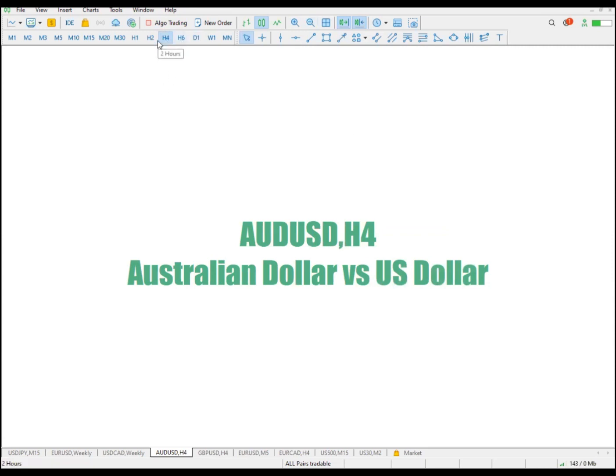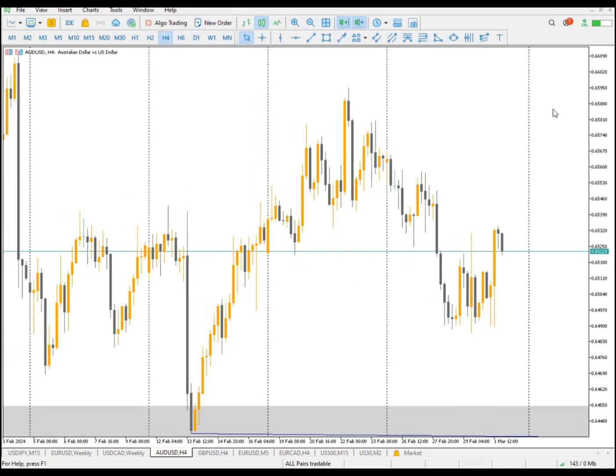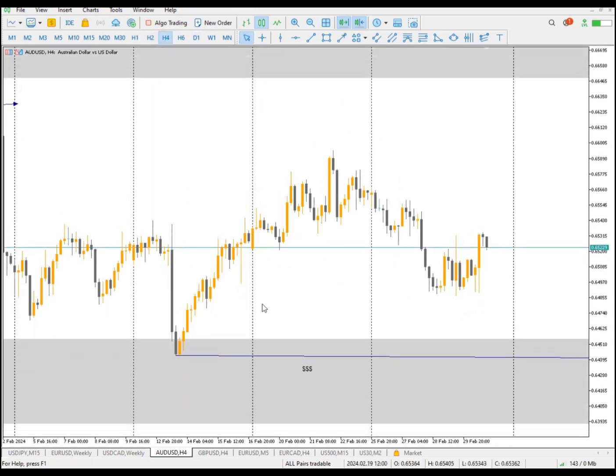Okay, I don't know why it's taking so long. There we go. So with that said, as we can see, guys, perfect. There is liquidity right here, right? And then the sell side liquidity over here.